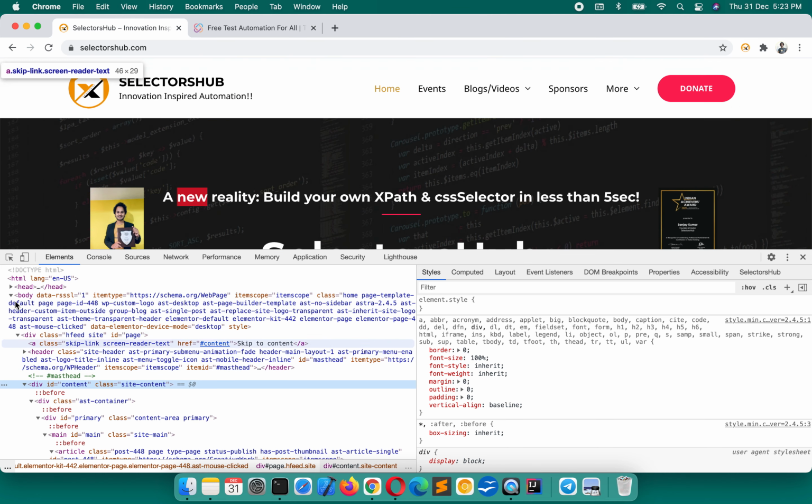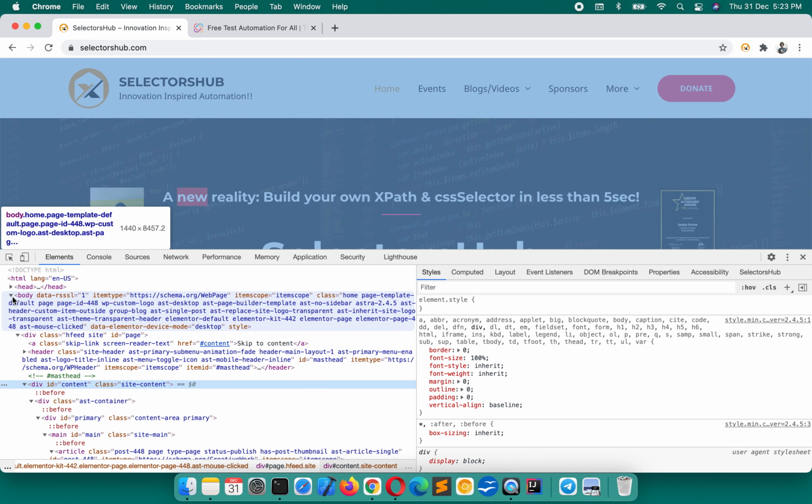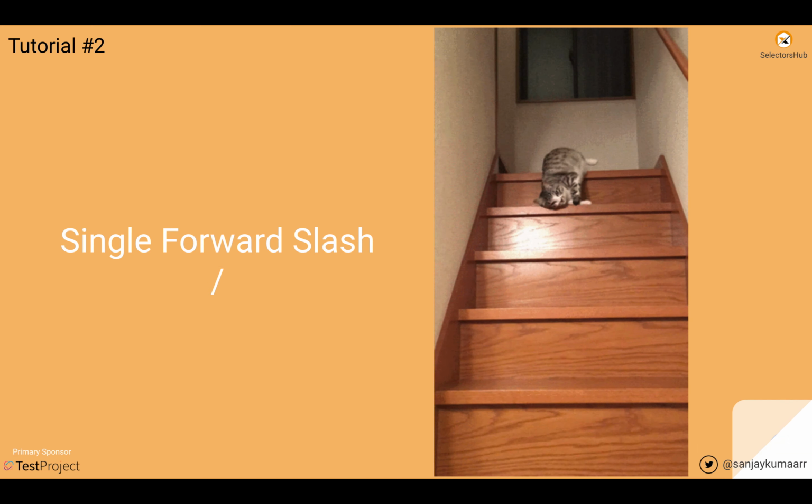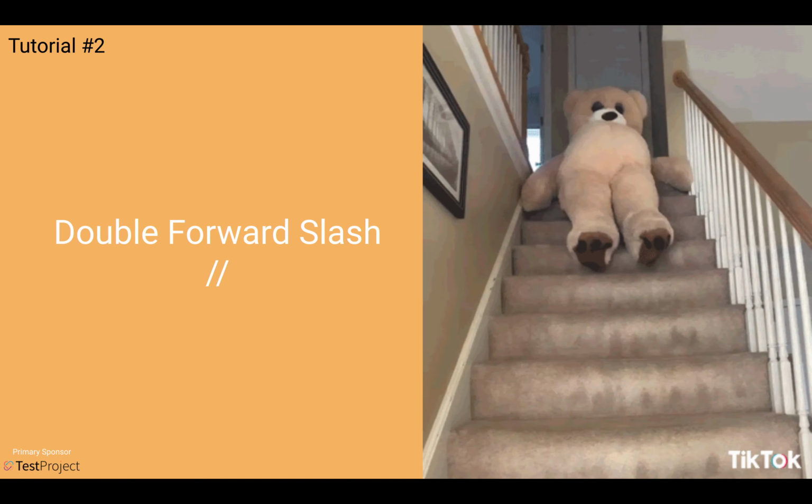If we would have used single forward slash, then it will come like body, then header, then div. I will show you with a real-time example how we write that. First, I hope you understood that single forward slash is coming step by step, one by one, and double forward slash is directly coming to that particular node, particular element.